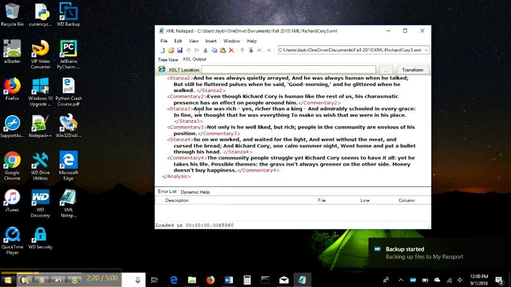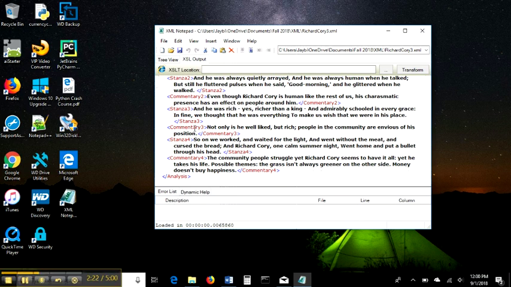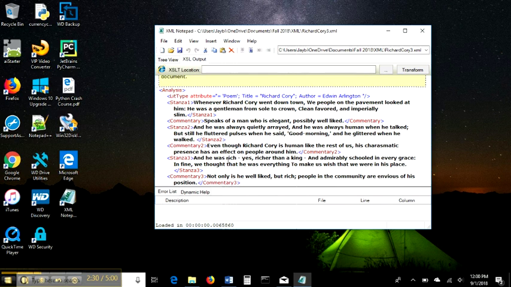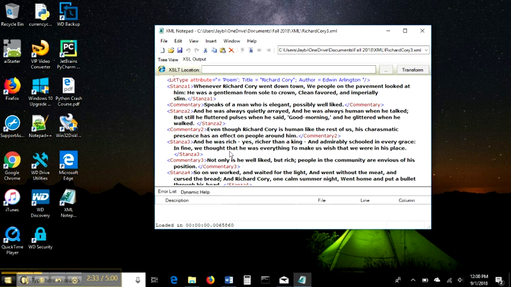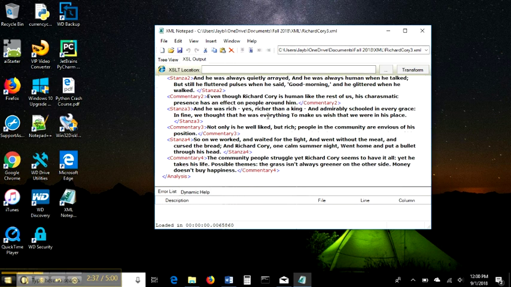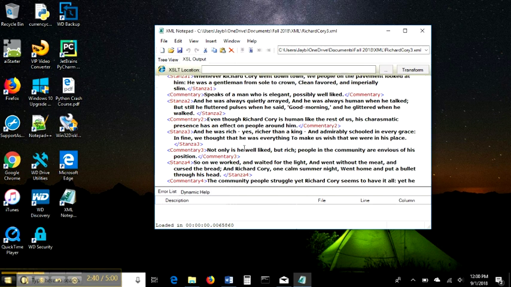And then 3 with the commentary, and 4 with the commentary. I just thought this would be an interesting application of XML to get this out on a web page or something like that.